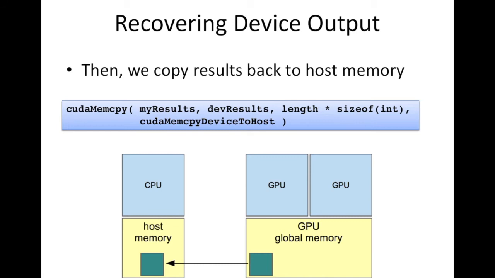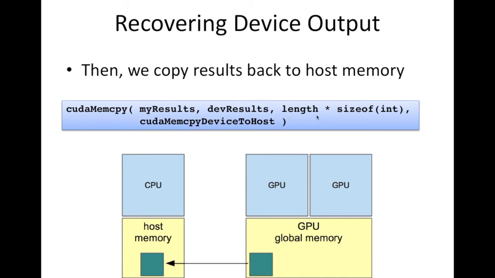In our example program, we're just going to run one kernel, so once it's done its job, we want to copy something back to host memory so that we could take a look at it or save it to a file. Fortunately, the same function we just saw, cudaMemcpy, does that. We pass in a different value of this last parameter. You can see from its name it says to go the other way.